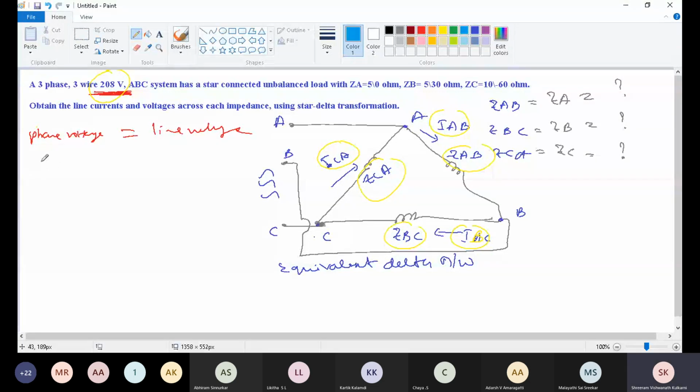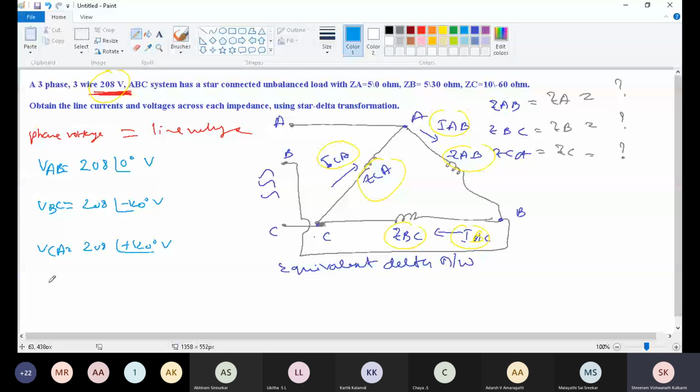Now I need to calculate VA. Phase sequence is ABC. VAB is 208 at an angle of 0 degrees volts. VBC is 208 at an angle of minus 120 degrees volts. VCA is 208 at an angle of plus 120 degrees volts. I can simply call these VAB, VBC, VCA, the phase voltages.